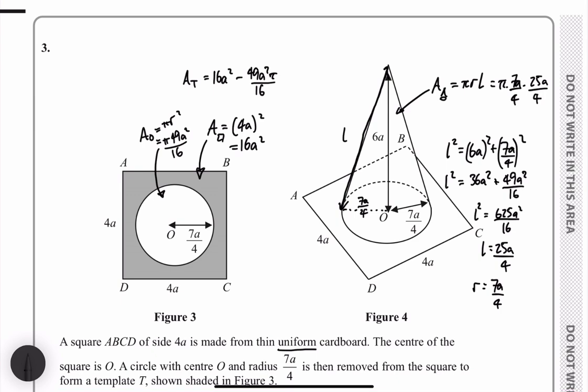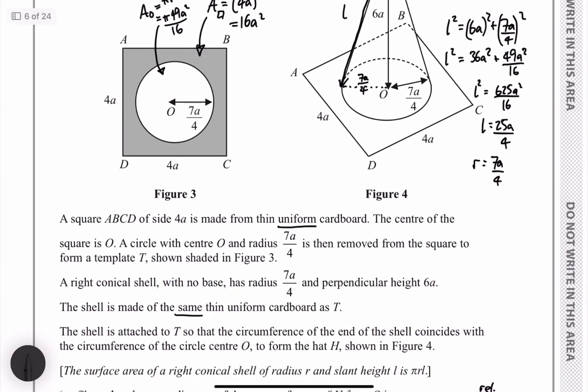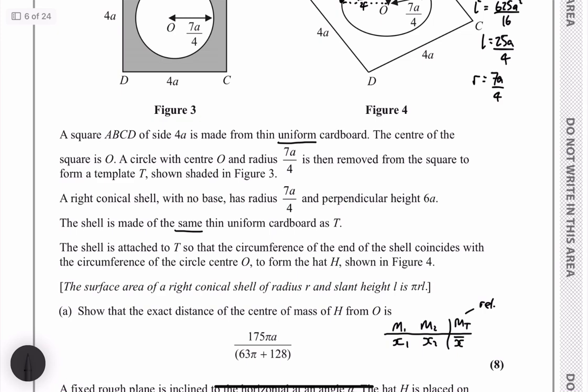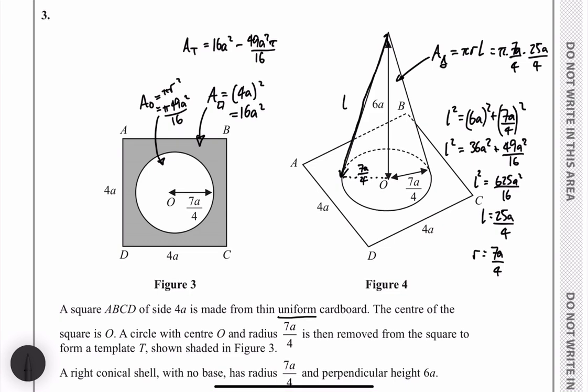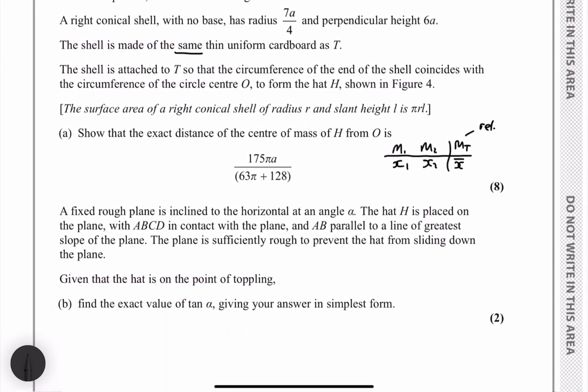In the exam, it's fine for you to do work on the diagrams. Obviously, some of this perhaps I would have done on the paper if I could see the diagram and where I was writing at the same time, because on the screen there is the bulk of the preparation work ready to put in. So we've got this little idea. Mass 1 is the relative mass of T, so the area of T, 16a squared minus 49a squared pi over 16.